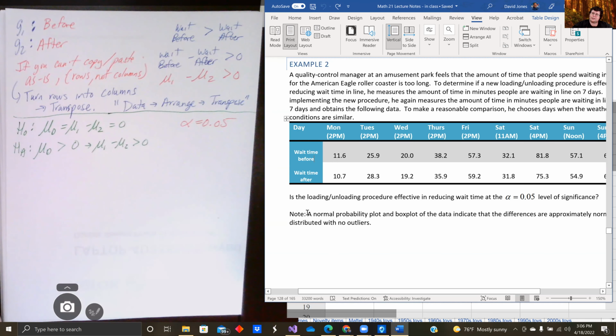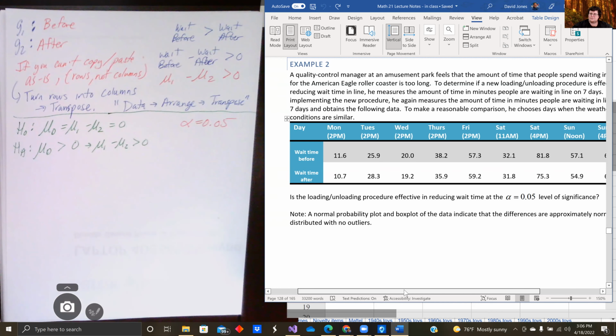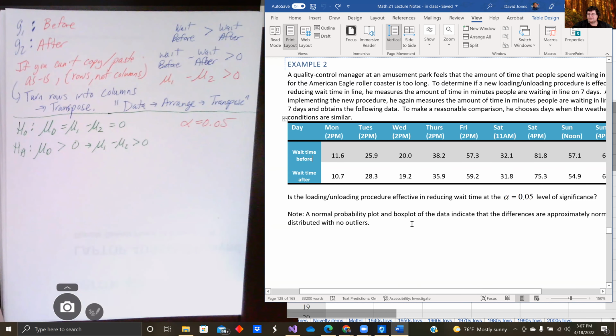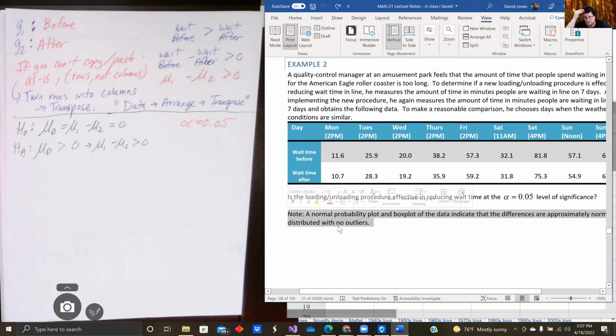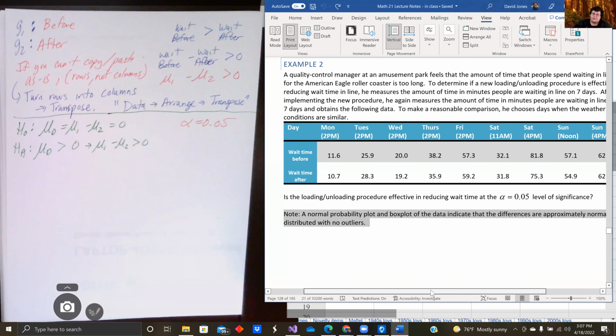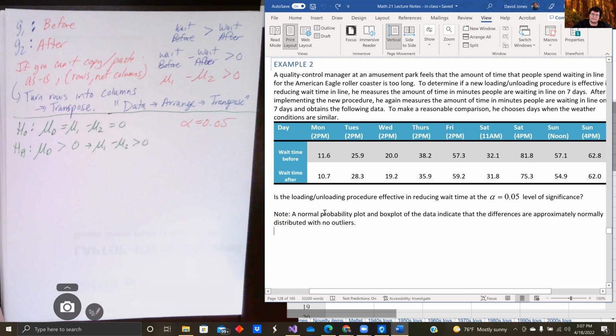They said a normal probability plot and box plot of the data indicates that the differences are approximately normally distributed with no outliers. So even though that wasn't true, we're going to pretend like it was true. When they give you this information, it usually saves you some time to roll with it. This was put in the lecture notes so that we could go ahead and do it. I'm pretty sure I know what was screwing everything up: this Saturday, 4 p.m., which has got times much different than any other time. Way larger. But it says we could do it. A normal probability plot worked.